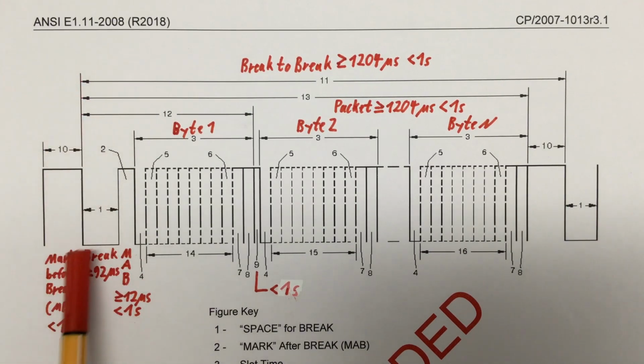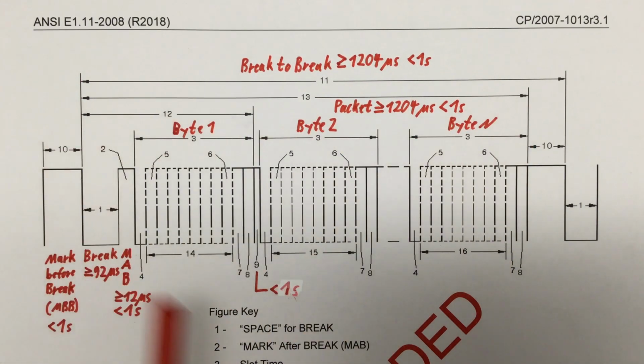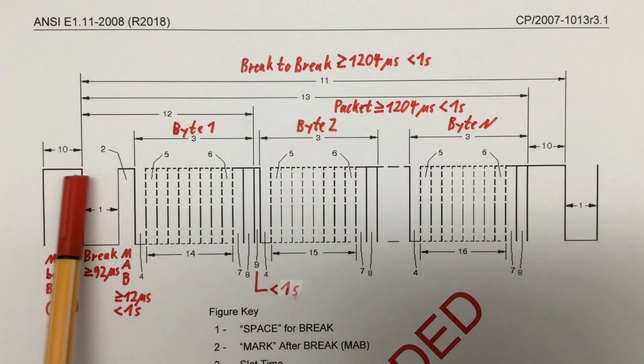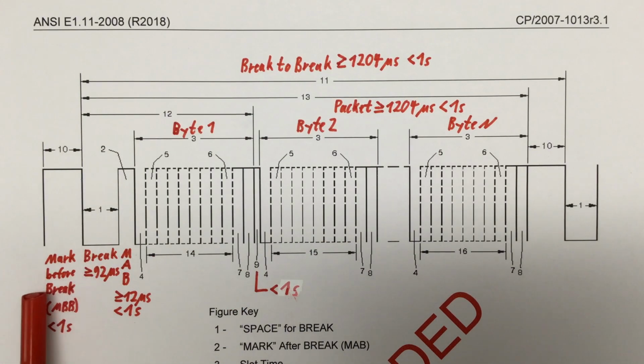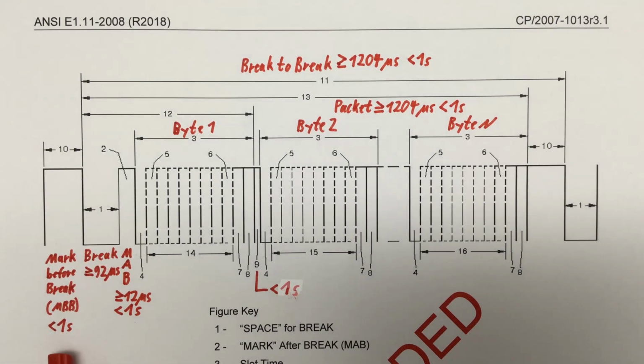The timing of DMX packages is interesting, to say the least. So before a packet starts, we can have a logical high called mark before break, or MBB, and that should be shorter than 1 second. Note, this can be also 0 seconds long, so non-existent. The mark before break is nothing else than an idle bus state.